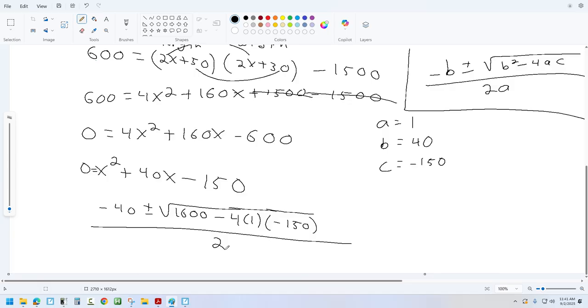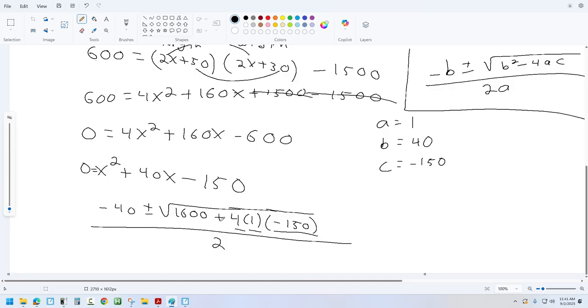Now, let's look at just the radicand. 4 times 1 times negative 150. When you multiply those 3 things together, that's a negative, and you're going to be subtracting a negative. So what happens when you subtract a negative? It's going to turn into a positive.